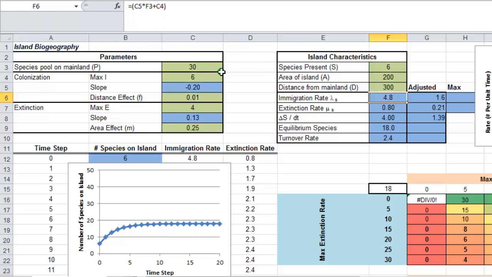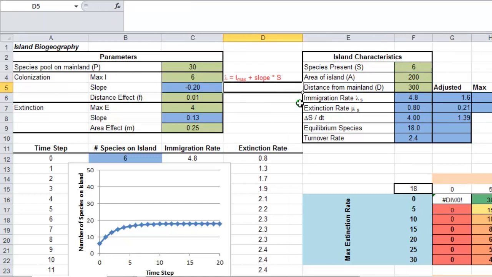So let me write that out just like so. So lambda, our number of species at a particular time step, is equal to the maximum immigration rate, that's our intercept, plus the slope times the number of species.